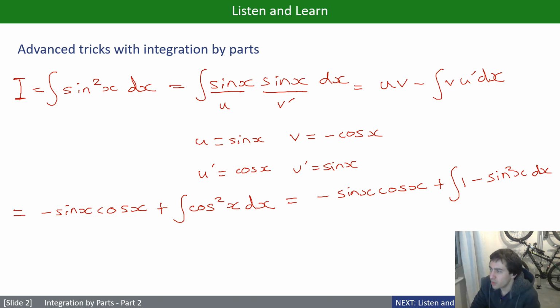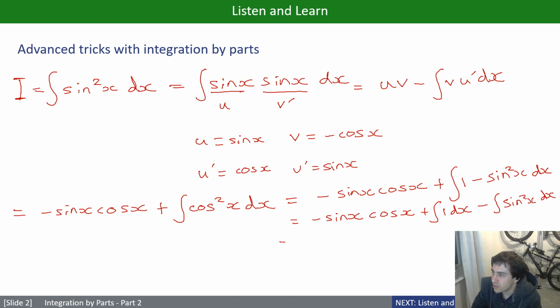If I separate this out slightly, it's minus sine x cos x, plus the integral of 1 with respect to x minus the integral of sine squared x with respect to x.